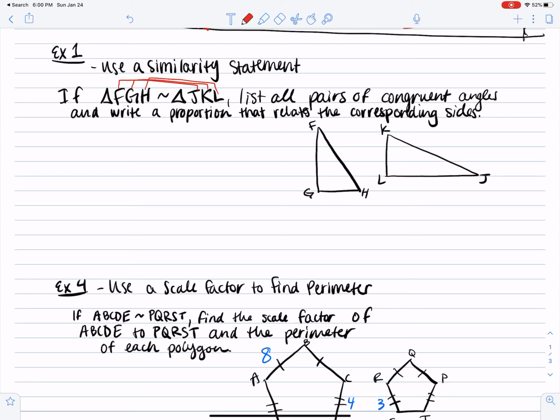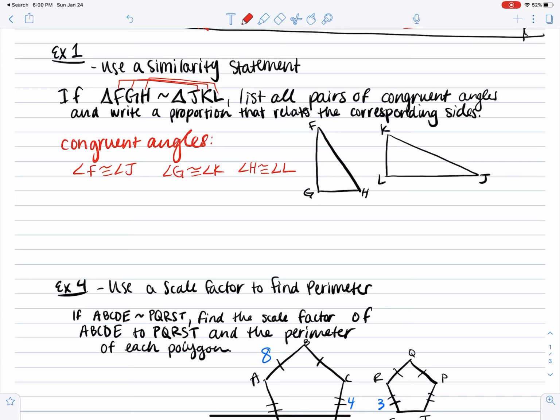So congruent angles, we can just match those up. Angle F is congruent to angle J. Angle G is congruent to angle K. And angle H is congruent to angle L, because that's the order they were given above to match each other.